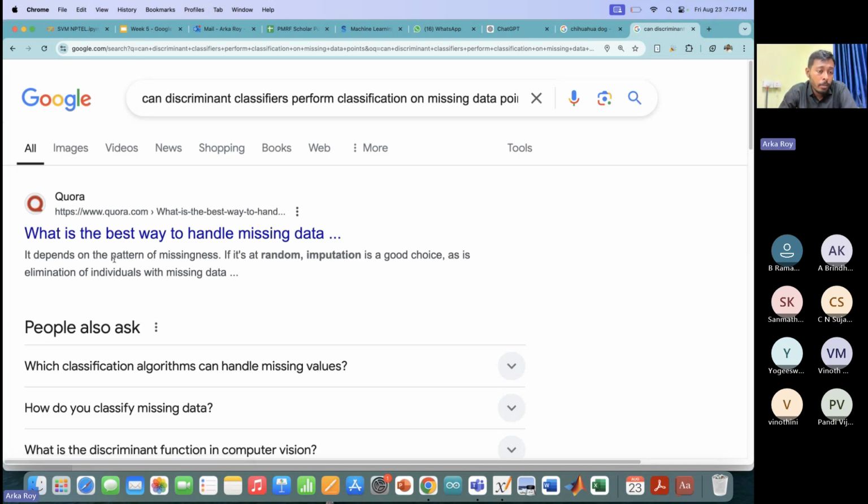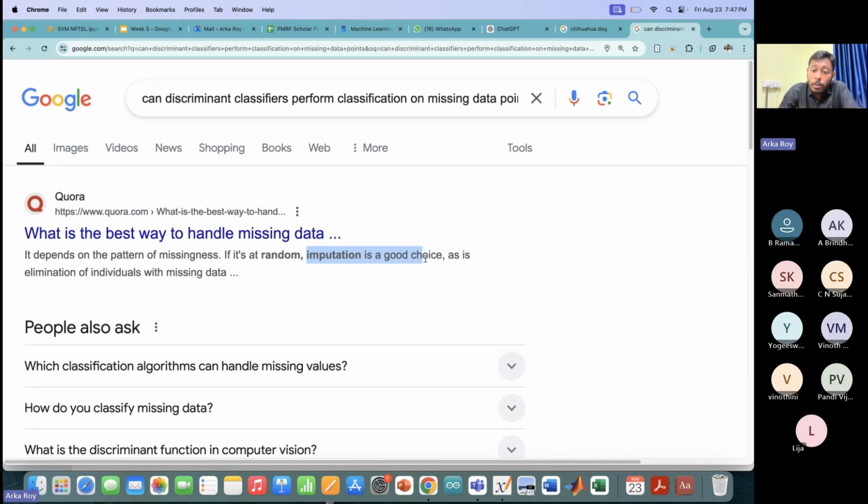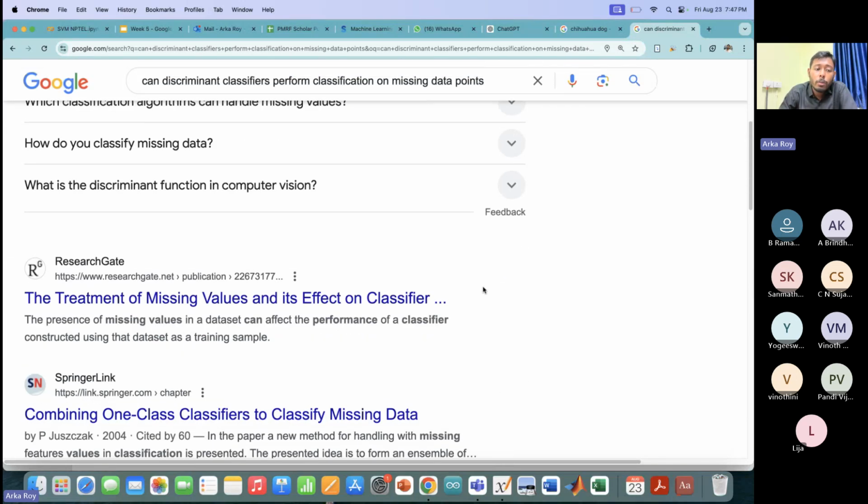So over here, just from this code itself, you can see that it depends on patterns of missingness. It is at random, and imputation is a good choice. So you need to have imputation. Otherwise, if you do not have imputation based methods, you'll not be able to do correct classifications.